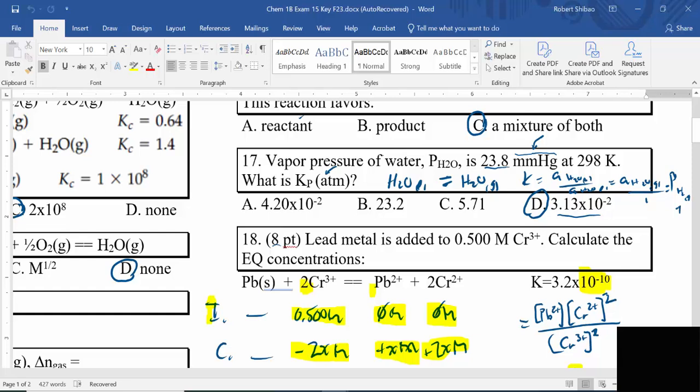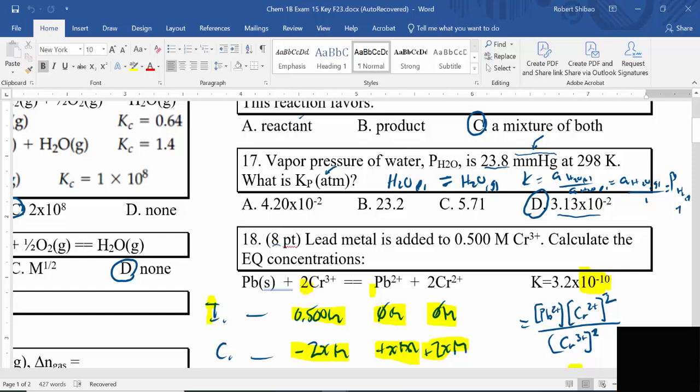Okay, 17. The vapor pressure of water is 23.8 millimeters of mercury at 290 Kelvin. What is Kp? Kp is going to be based on what units we use here. In this case, atmospheres. If we used Kp in millimeters of mercury, we'd be done, because this is the equilibrium reaction here.